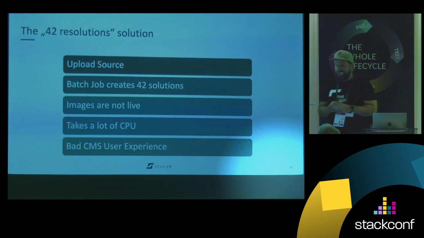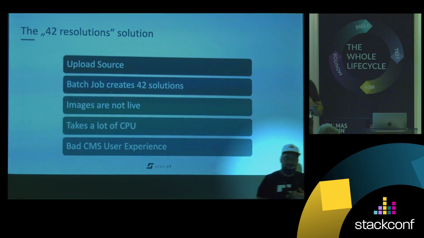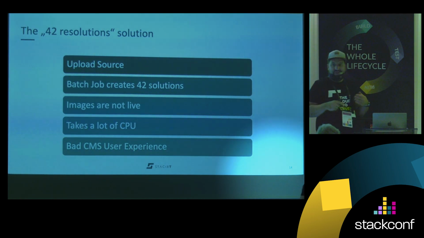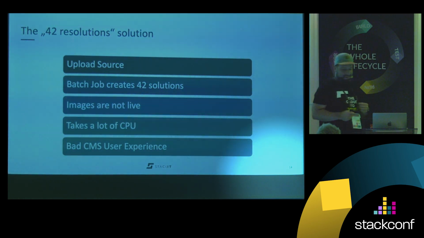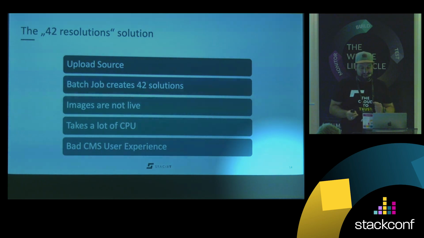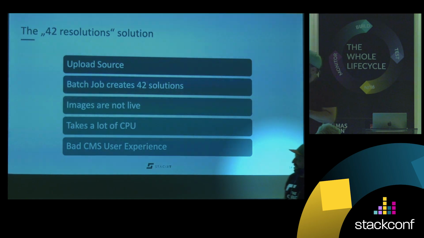And of course, you have to back up all the different 42 resolutions of the images. It's not much of a problem if you have 10 images, but if you have 100 million images, then you have this times 42. So on the back end side, it's a real problem. And a lot of stuff can go wrong with solutions like that.